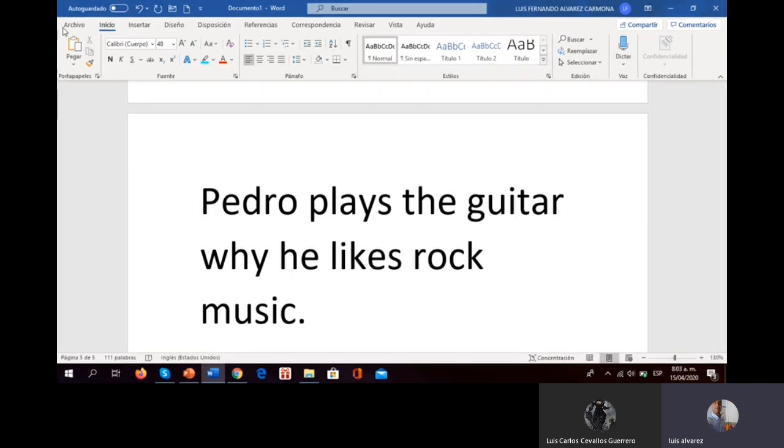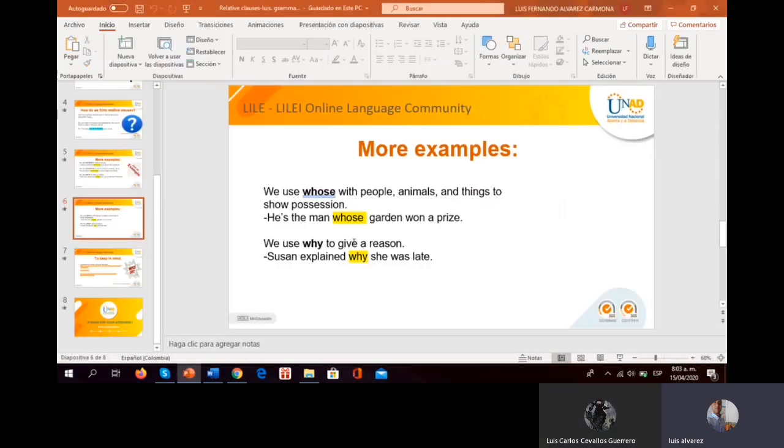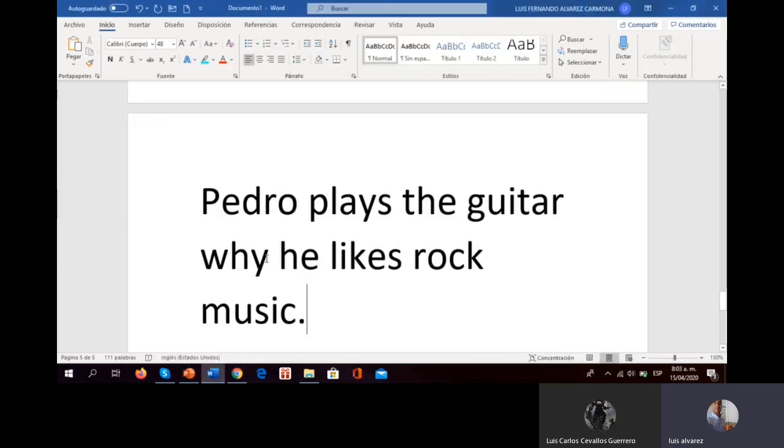Okay, that is something that is not in accordance with the general definition. Let's go back and analyze. We use why to give a reason. Susan explained why she was late. So if you say, Pedro plays the guitar.